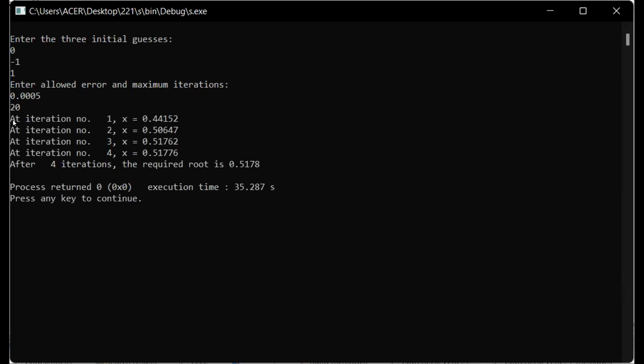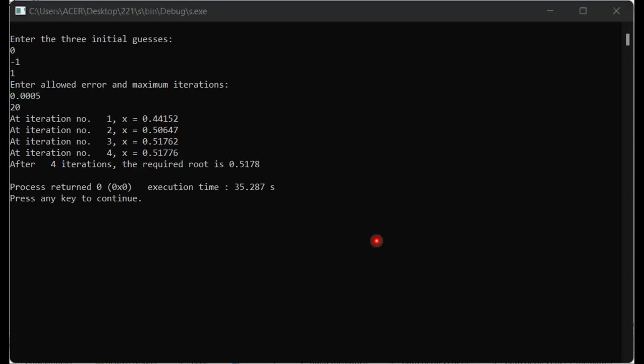So here at iteration number 1, the value of x is 0.44157, at 2, 0.50647, at 3, 0.15762, at 4, 0.51776. So after the fourth iteration, the required root is 0.5187.